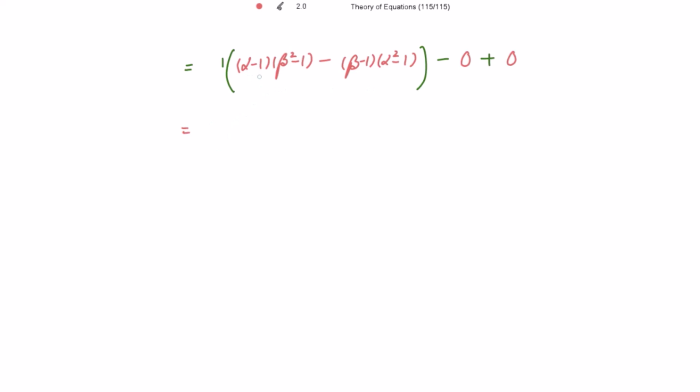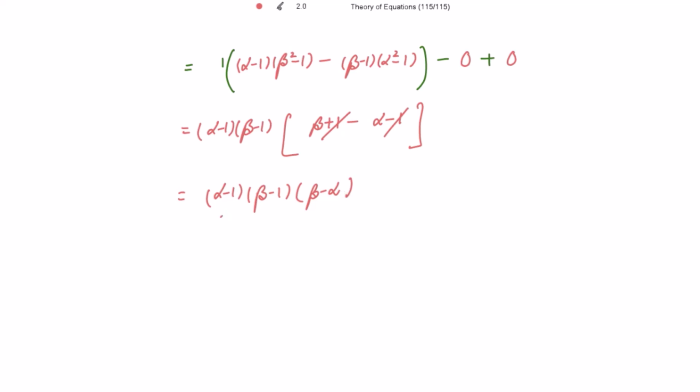Let's take alpha minus 1, beta minus 1 common from these terms. So the product of alpha minus 1 and beta minus 1 taking common. So we are having then beta plus 1 minus alpha plus 1, that becomes beta minus alpha. The 1 and minus 1 will go. So this is alpha minus 1 into beta minus 1 into beta minus alpha. Let me multiply these two.